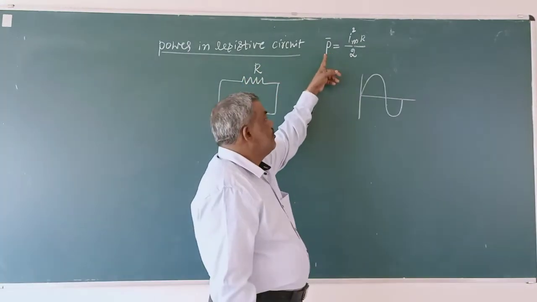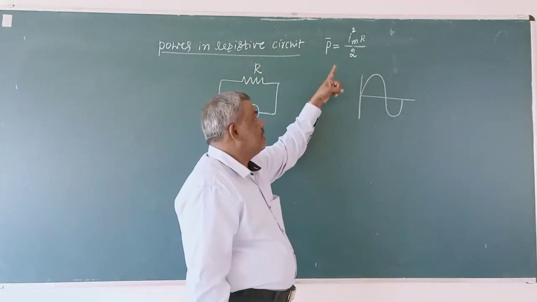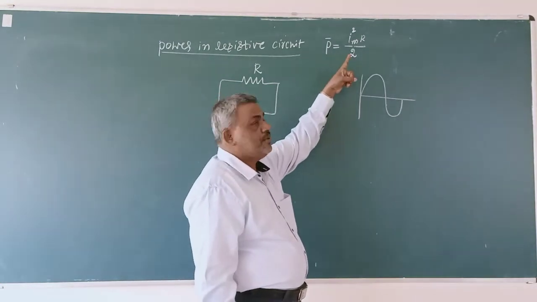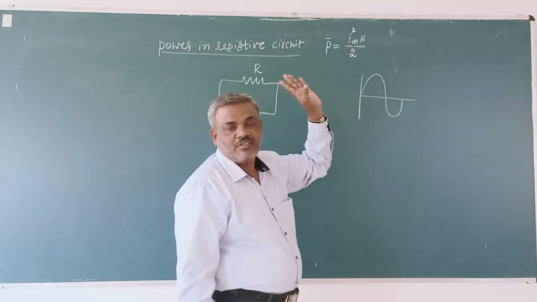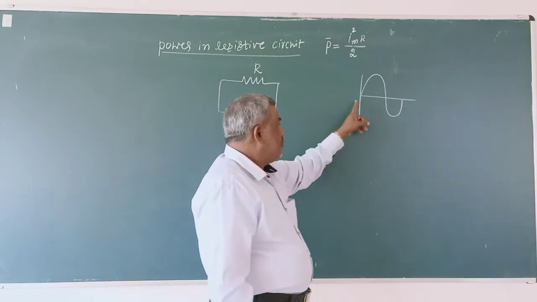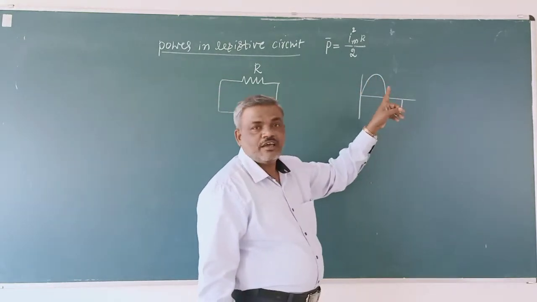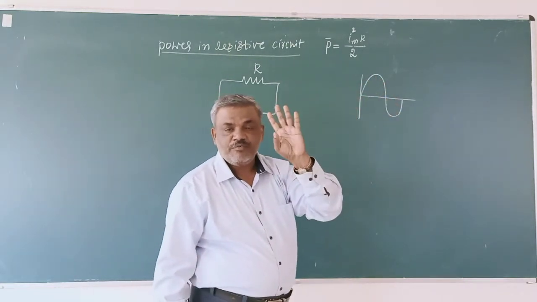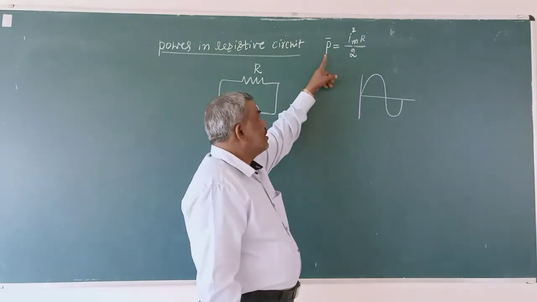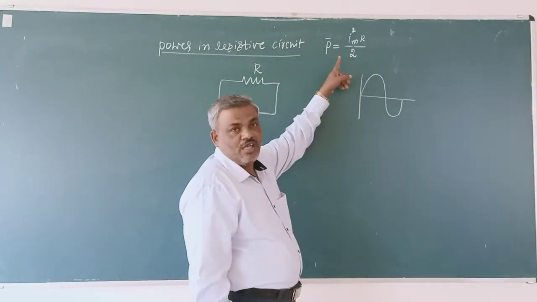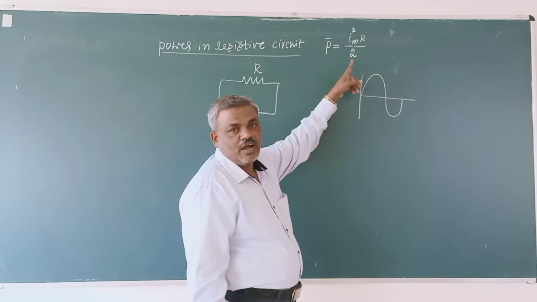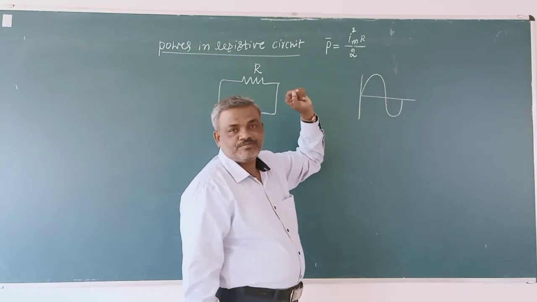The formula is P equals Im squared R by 2.